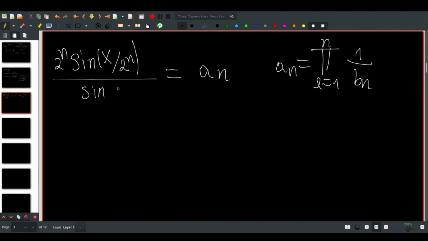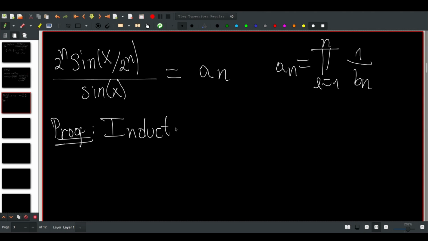Right, so let's prove this. The way that we will prove this is by induction. So how does the induction principle work? To prove something by induction, you have to do two things.